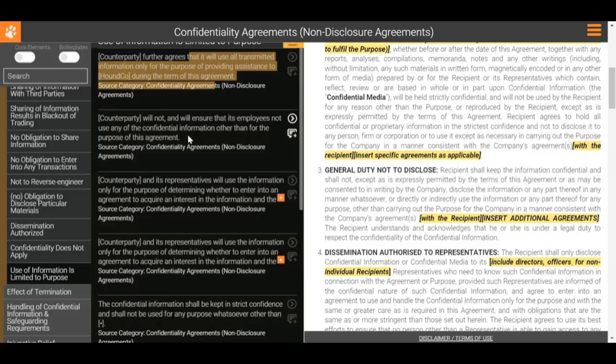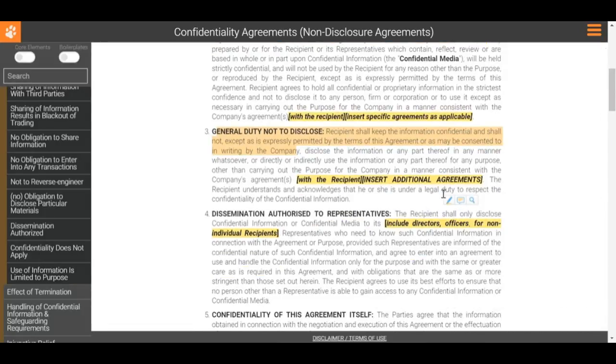There is some overlap with this clause and our discussion on the purpose, as well as our discussion on the handling of confidential information and safeguarding requirements. The most important point to take away is that a general duty not to disclose confidential information should be included within the agreement.